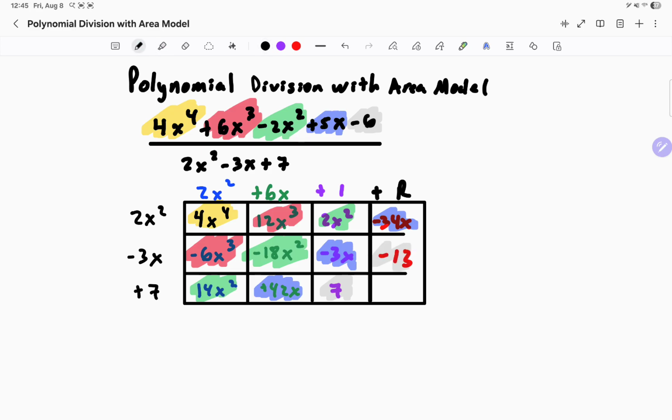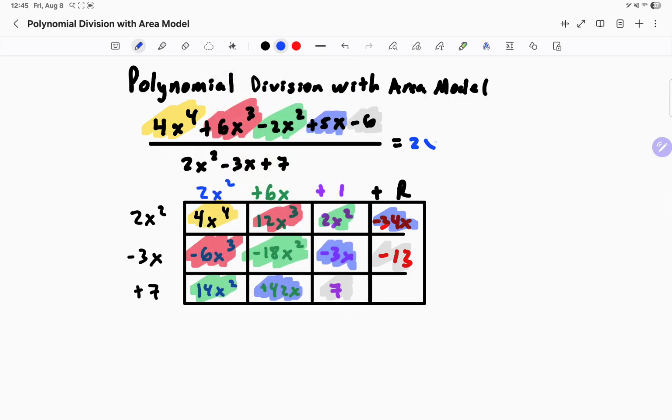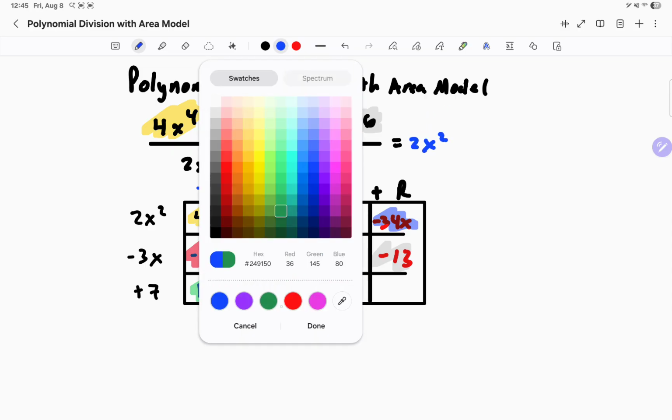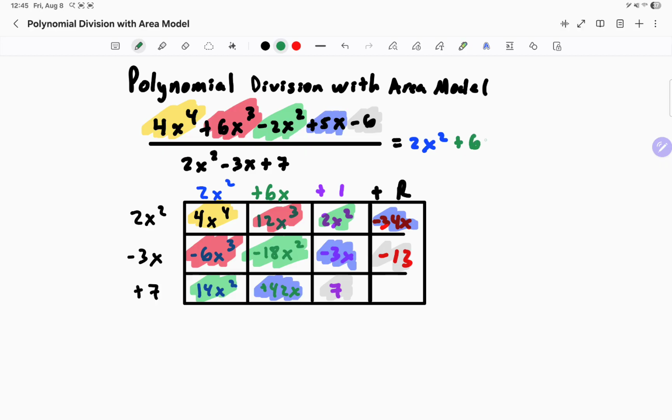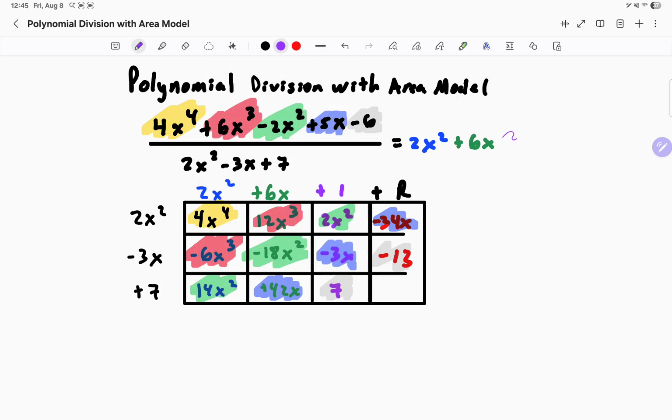And so if we divide 4x to the fourth plus 6x cubed minus 2x squared plus 5x minus 6 all over 2x squared minus 3x plus 7, it will give us our resultant answer of 2x squared plus 6x plus 1, plus our remainder.